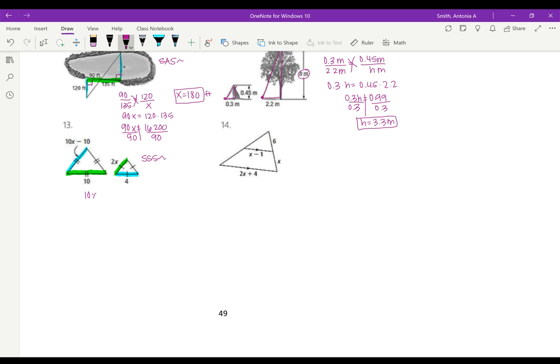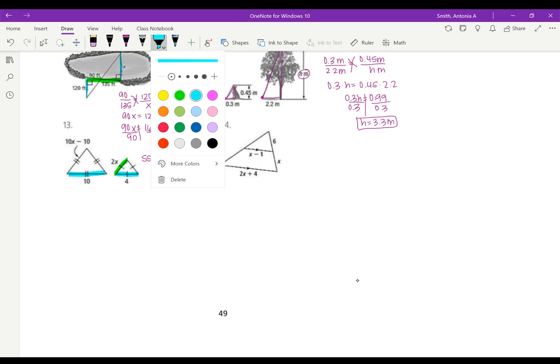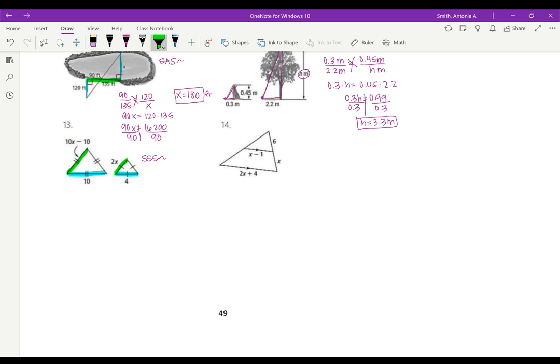So I have 10x minus 10 to 4. Actually, I don't want to do it that way. I want to split up those variables there. So we have 10x minus 10 to 2x equals 10 to 4. Cross multiply. We have 4 times 10x minus 10 equals 10 times 2x.